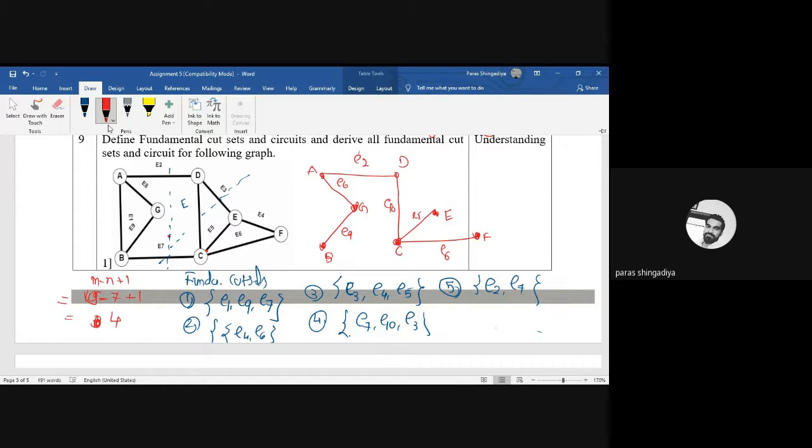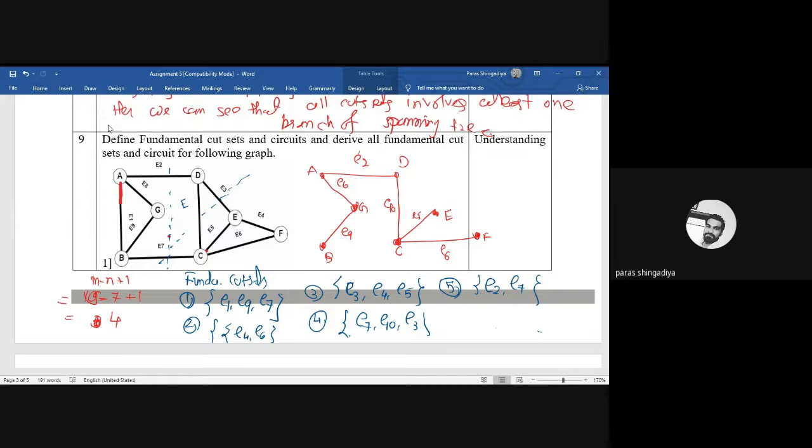Just consider a different spanning tree of this graph, and then verify how many answers you will get. Okay, that is a spanning tree, this red line.